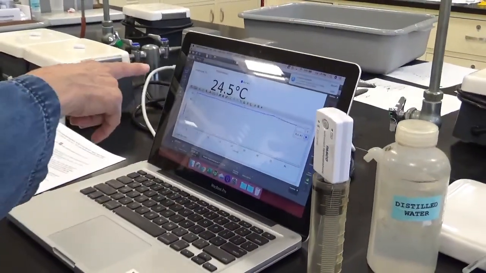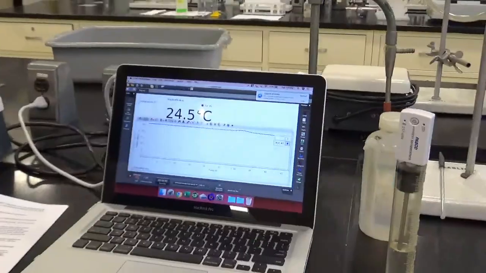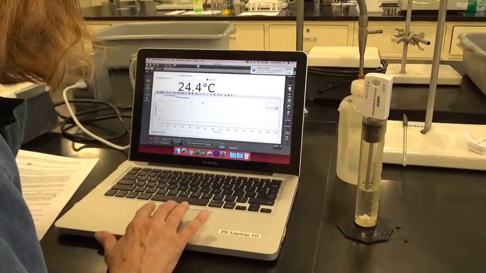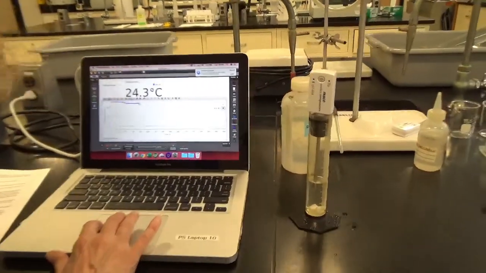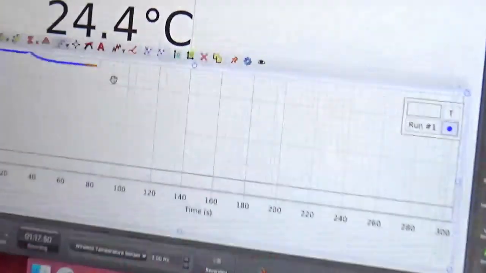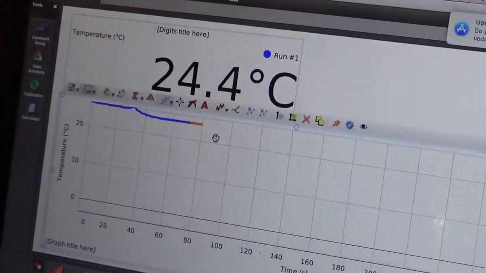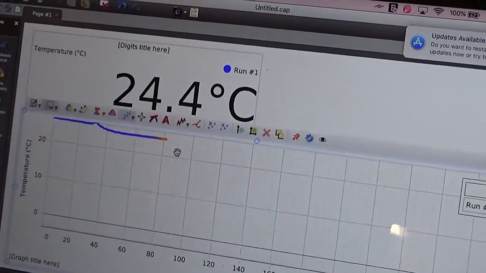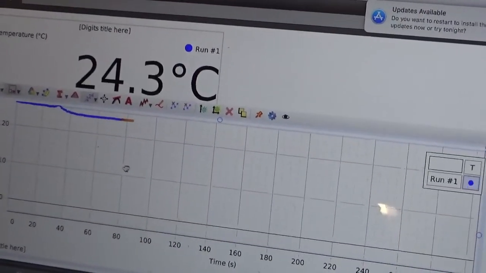So you can look at the temperature, and it's recording 24.5 degrees right now. Temperature is about 24.4. It's going down there. It's pretty much constant.